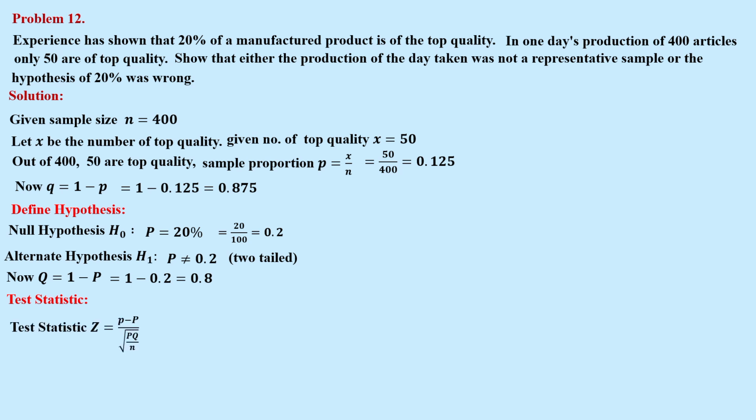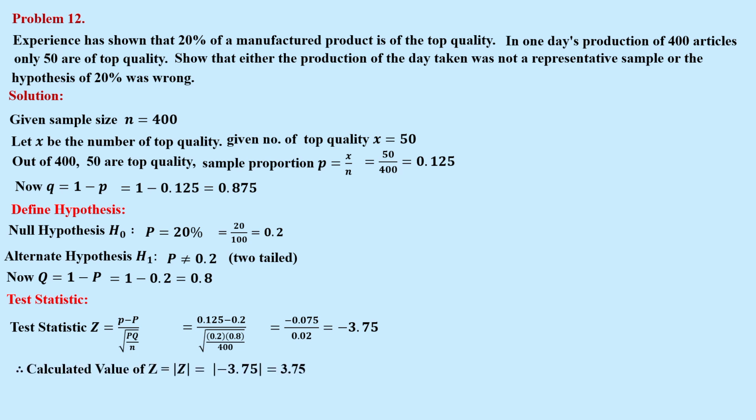Test statistic, Z is equal to small p minus capital P by root of PQ by N, that is equal to 0.125 minus 0.2 divided by root of 0.2 into 0.8 by 400, you will get minus 3.75. For the calculated value, take the modulus value. If it is a left tail, keep it as it is, then you can compare the result, because the tabulated values are also negative, only in the left tail case.